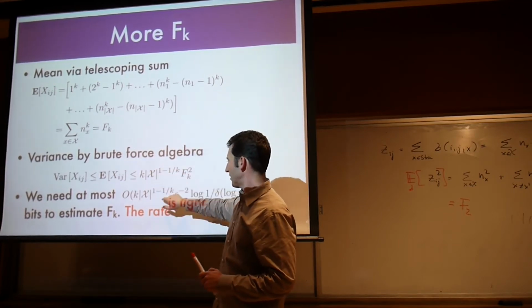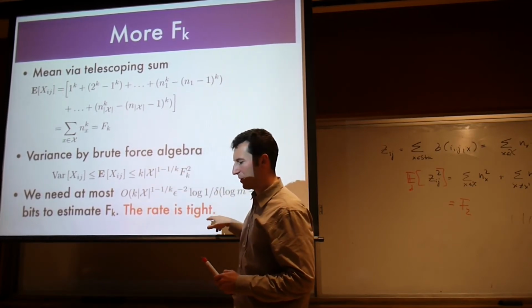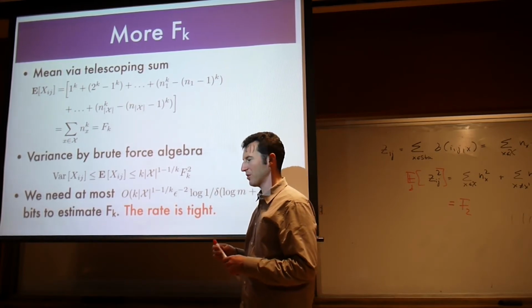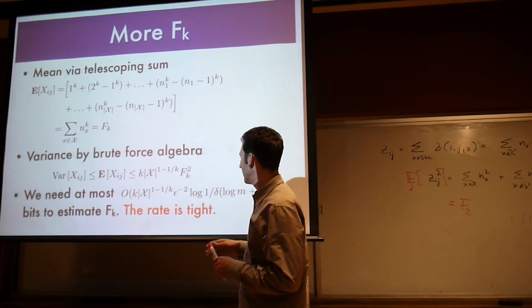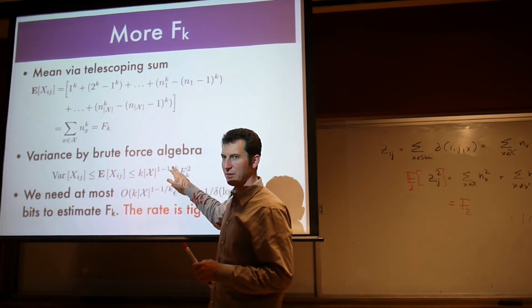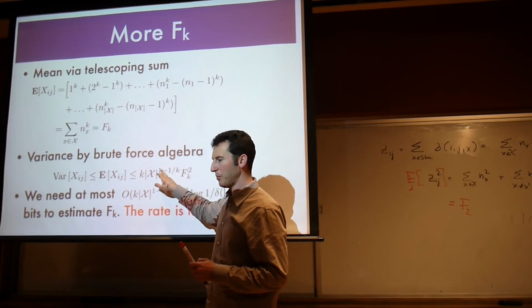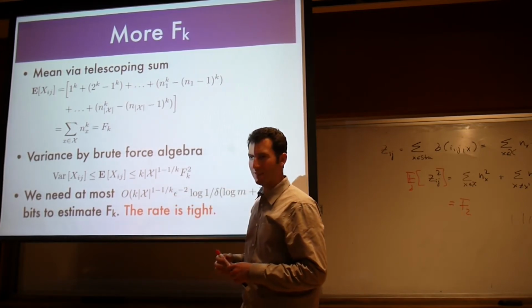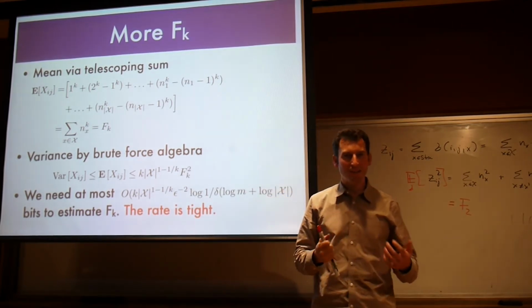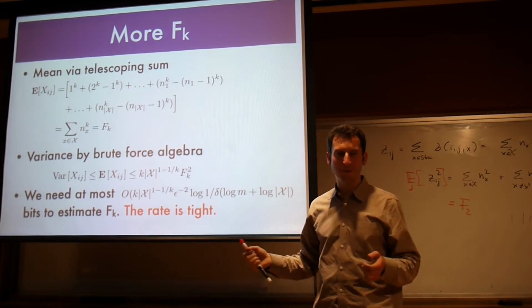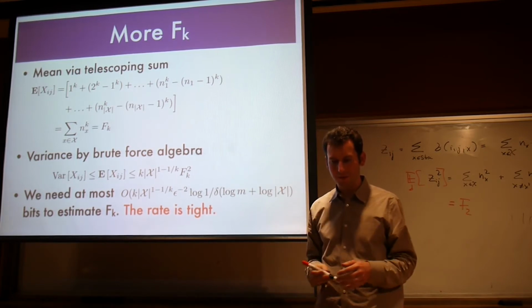Now, the lower bound is actually a bit non-trivial to prove, so they use a few tricks from communication theory to get the lower bound. But what it really means is that for any fk with k greater than 2, you're pretty much screwed. You're going to need something that will require a substantial fraction of the total number of distinct symbols in terms of storage.